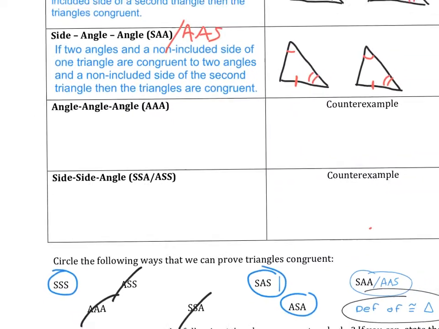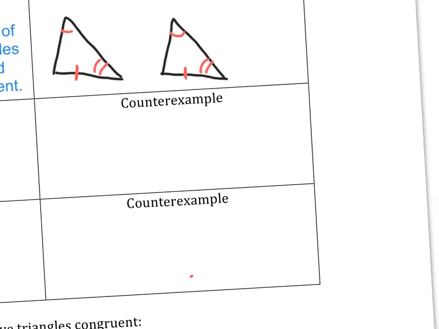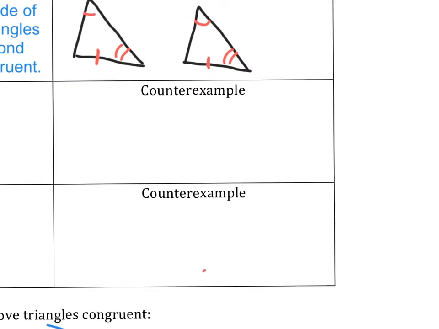So what I ultimately want to do is show a counterexample. Can I draw two triangles whose angles all match up and yet they aren't congruent? And the answer is, of course. So if I draw this one here and then this one here, and then go along a pair of congruent angles, another pair of congruent angles, and lastly this itty-bitty acute angle is congruent.